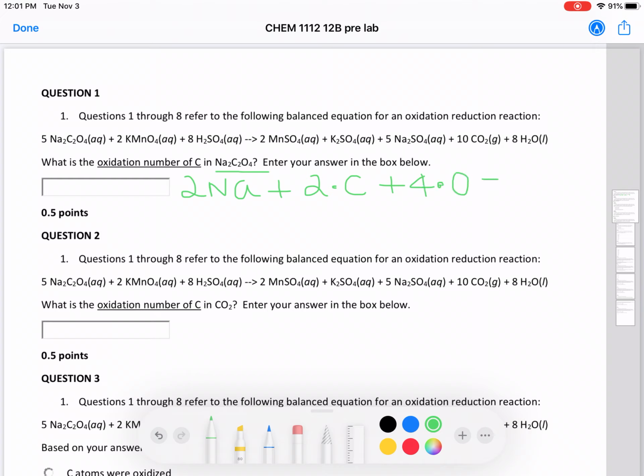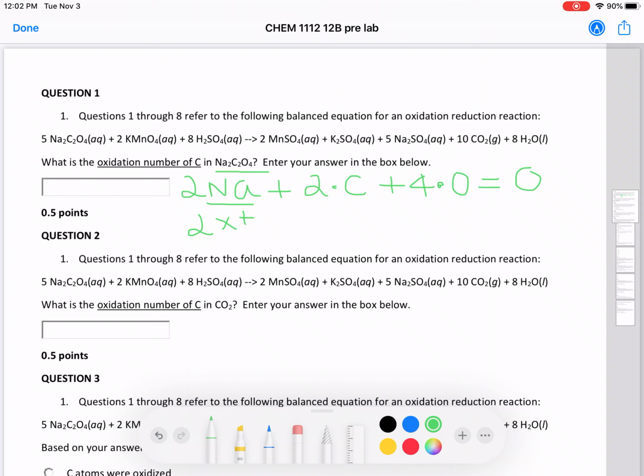Since this is a neutral compound, the sum should equal 0, right? Some oxidation numbers are quite easy to find from the periodic table. For example, sodium is in group 1. Group 1 elements normally form a +1 oxidation state, so each sodium ion is +1.